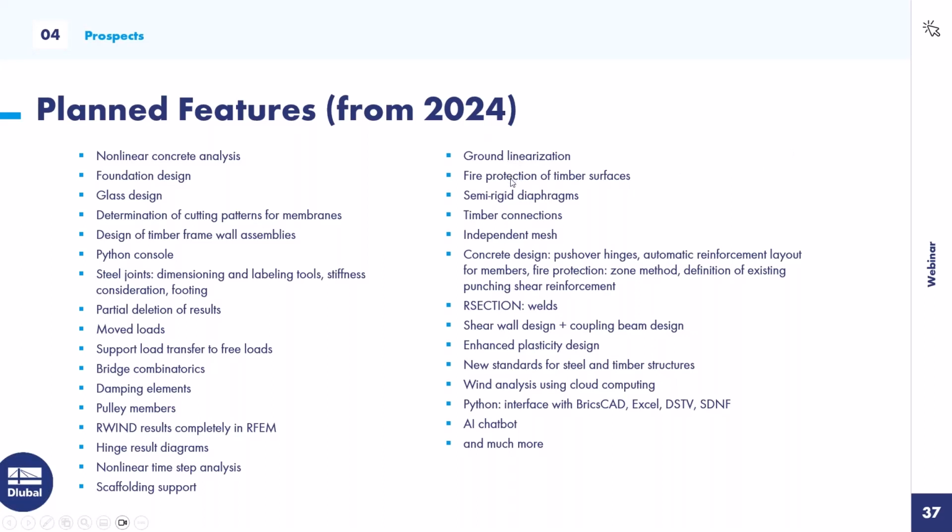It will be an option. Then fire protection of timber surfaces. The calculation will be done using the reduced cross section.